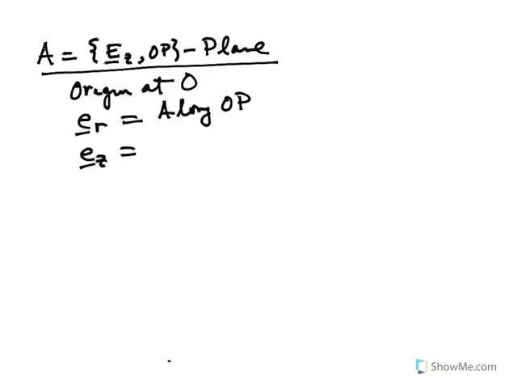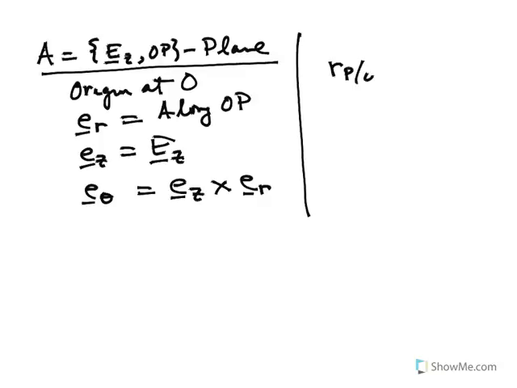I'm going to make little ez equal the same thing as big EZ. And then I'm going to make E sub theta equal EZ crossed with ER. Once I do that, I can define very nicely the position of P relative to O. The position of P relative to O is then going to equal R ER, which is sine of theta times ER. So now I have a nice expression for the position of P relative to O.